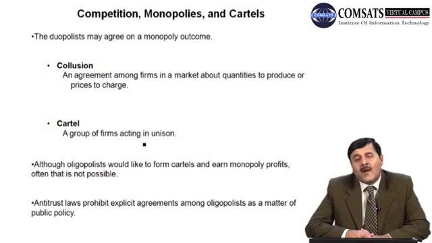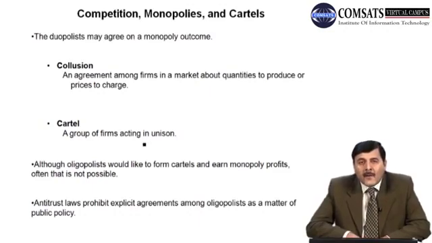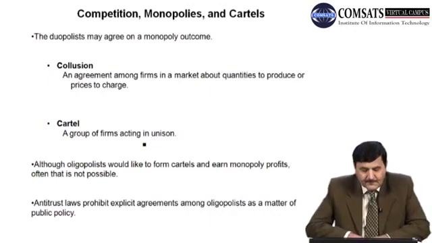The price they are charging is high, so they get maximum profit, as in the case of monopoly, and the deadweight loss to society is high, right? So the oligopolistic or duopolistic firm would like to go for the cartel and earn monopoly profit, but it is undesirable and not possible.